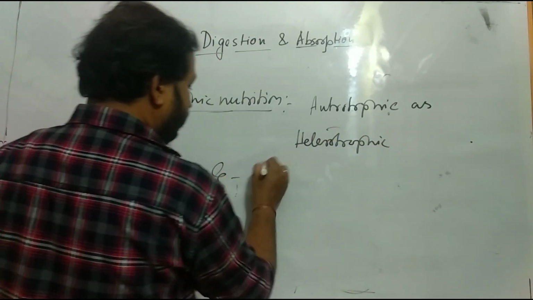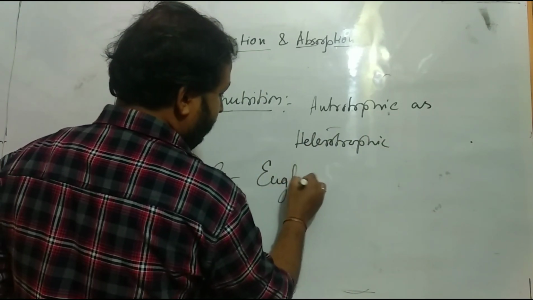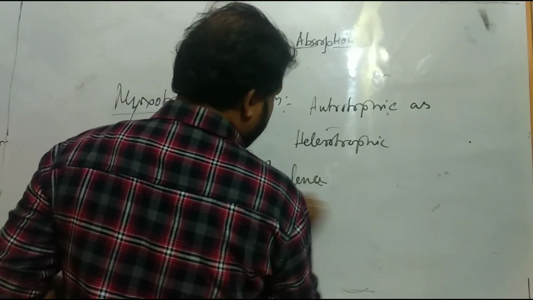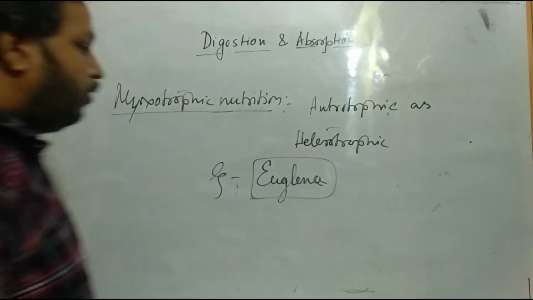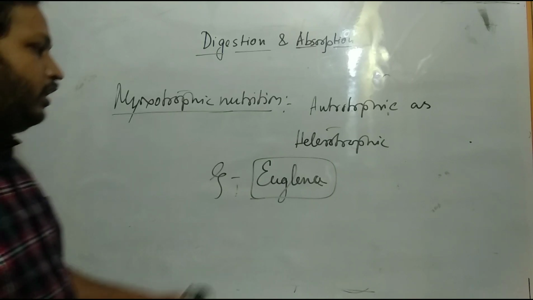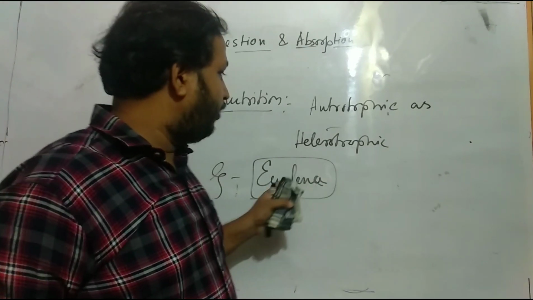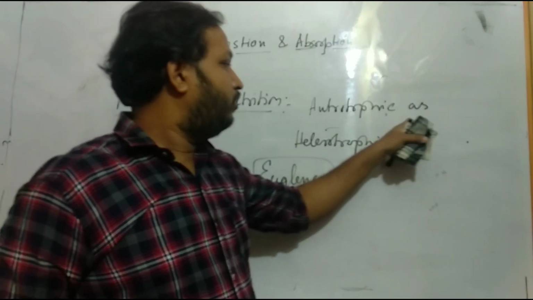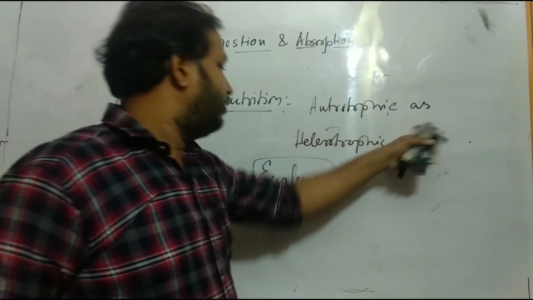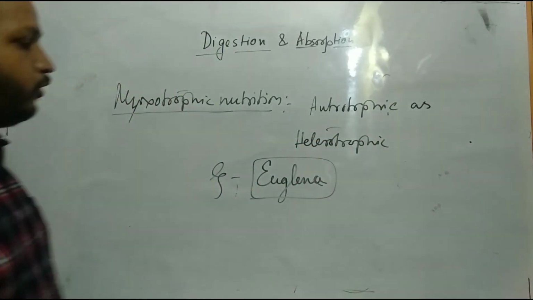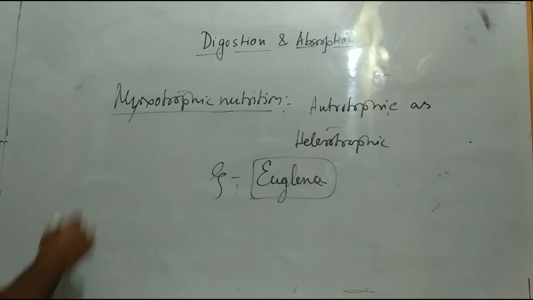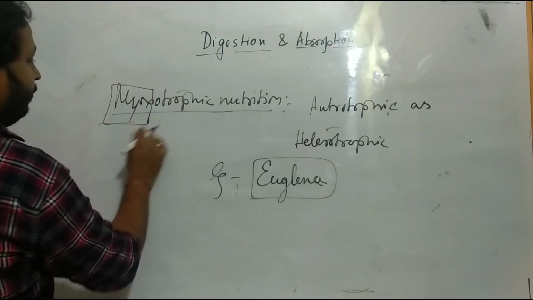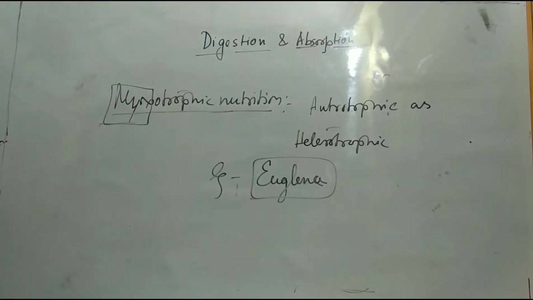Example, Euglena. Euglena is also called a borderline organism. It has a photosynthetic pigment in the body. As a result, it can undergo autotrophic nutrition as well as heterotrophic nutrition. That is why it is called mixotrophic nutrition.